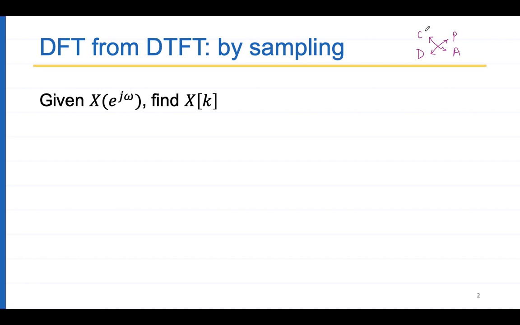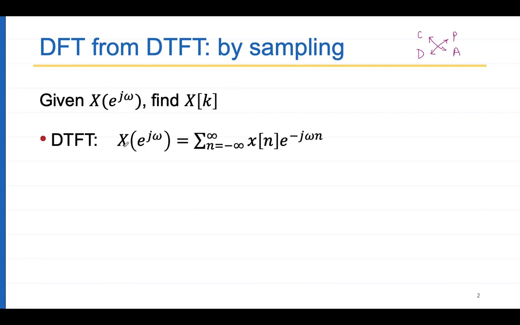Now let's come back to our problem. Given the DTFT X(e^{jω}), we want to find the DFT X[k]. So DTFT, you remember, is given by the sum of x[n] e^{-jωn}. And here my x[n] is a discrete-time signal, a discrete sequence, and it can be of any length.